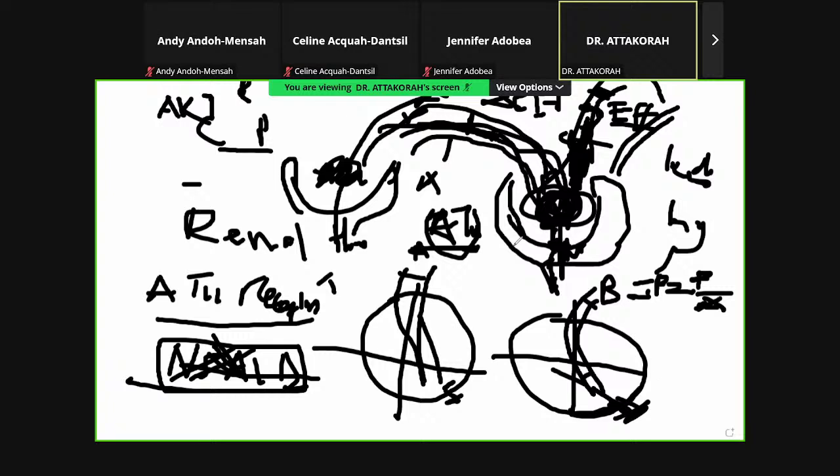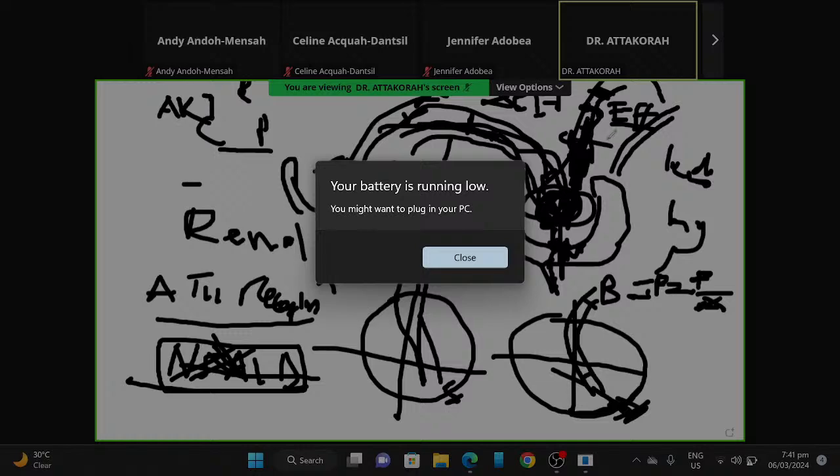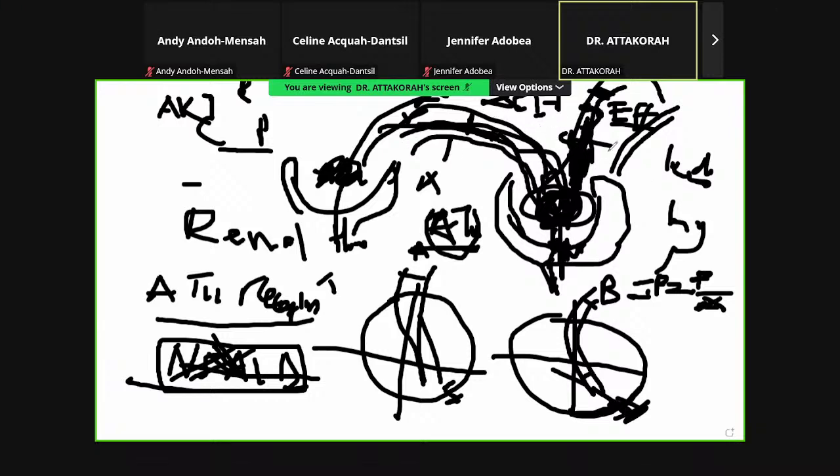If there's a sudden reduction, we don't know what is happening, and when you go and give your ACEI, it would also worsen it. So in acute AKI, please don't give ACEIs. ARBs are also contraindicated. Don't give it.